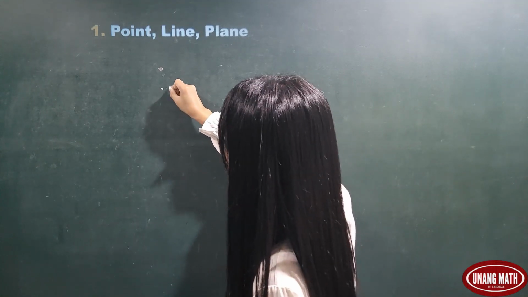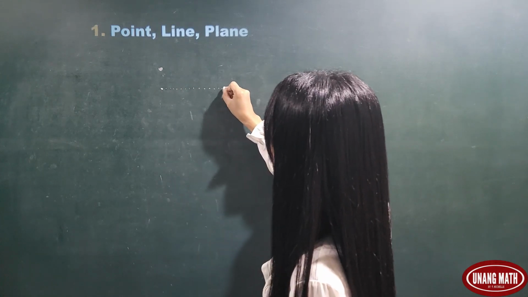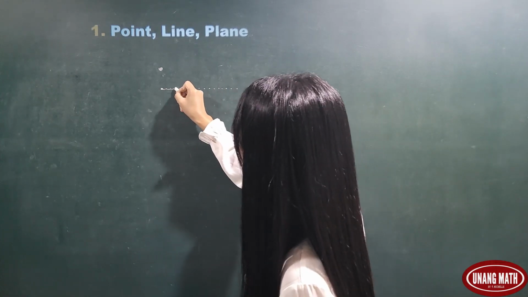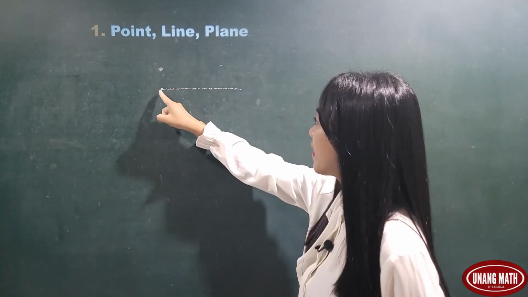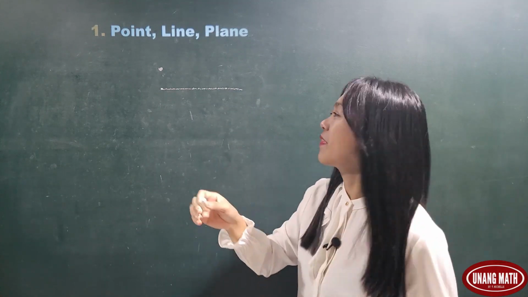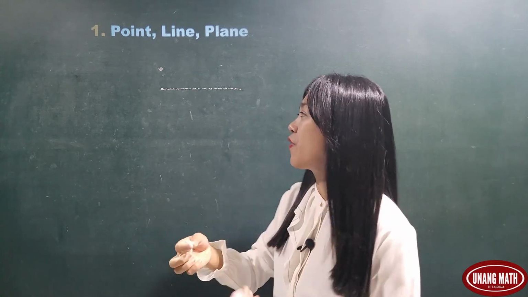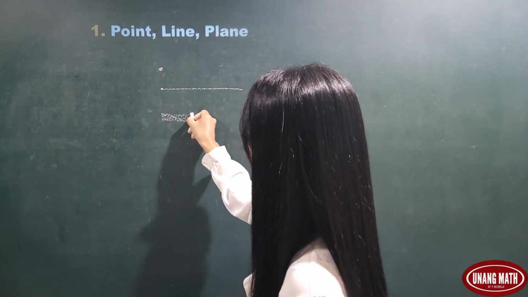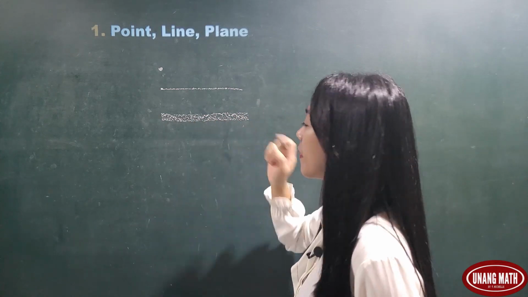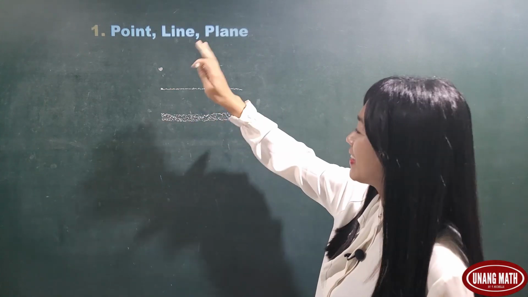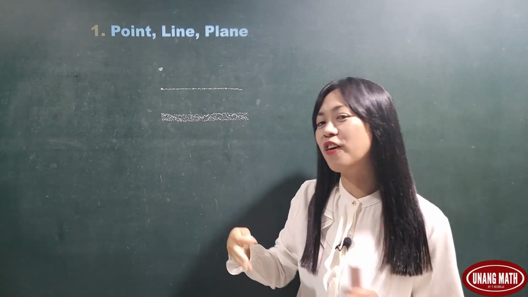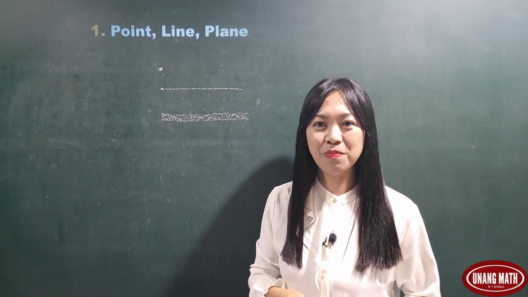When points come together or are connected in a straight path, they form a line. And when these lines are connected in a closed figure on a flat surface, they form a plane. So point, line, and plane, these are the basic elements of shapes.